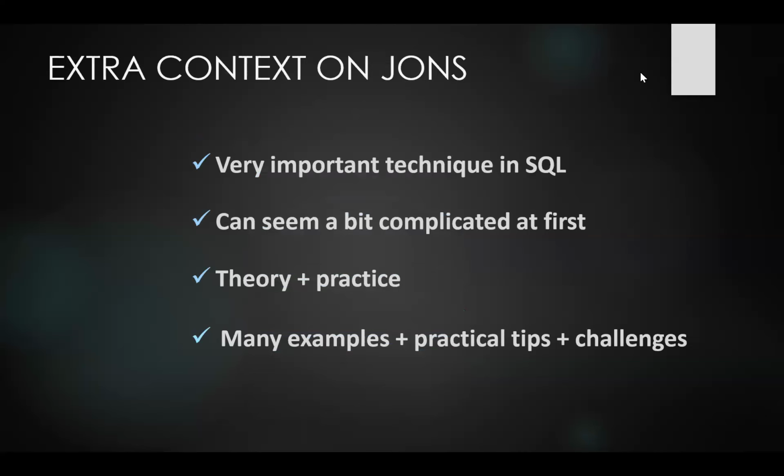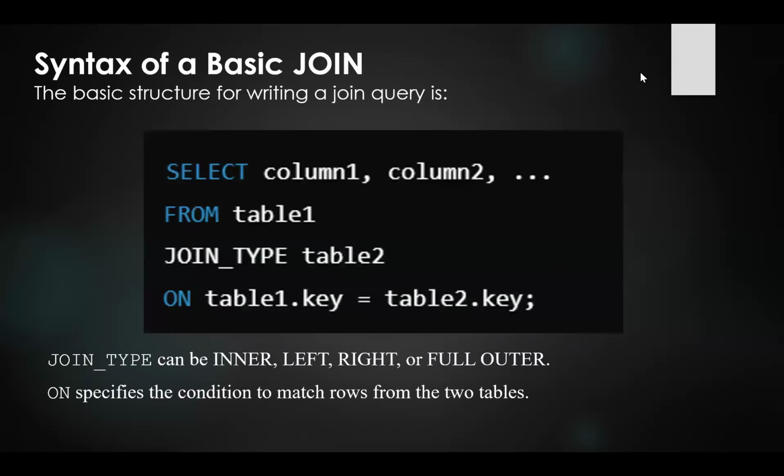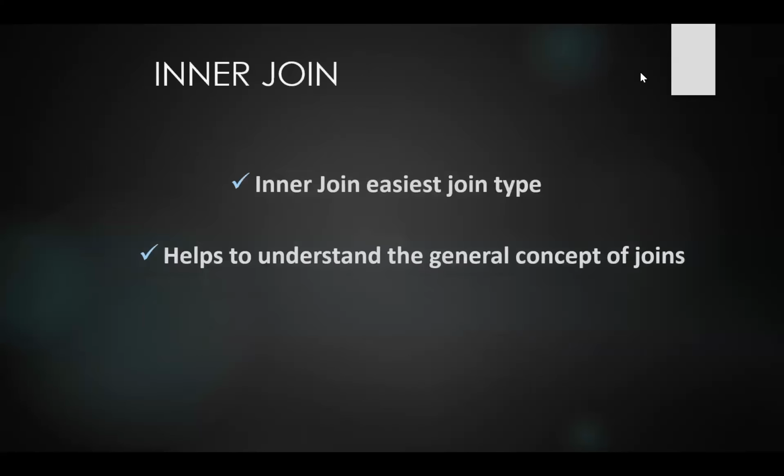They can seem a bit complicated. Don't worry, I'm going to work things from the ground up. If you understand the theory and in practice, with many examples and many challenges, you'll be able to grasp the concept eventually, hopefully.